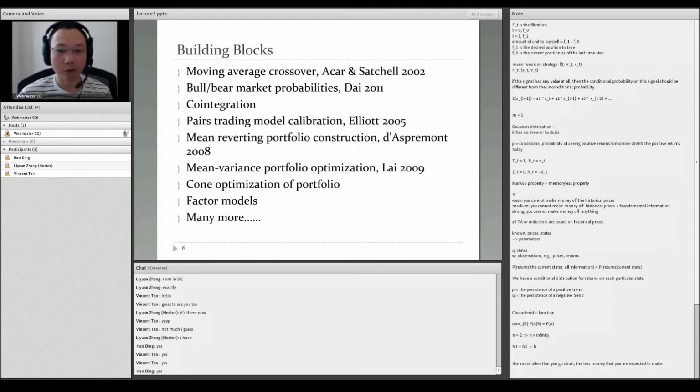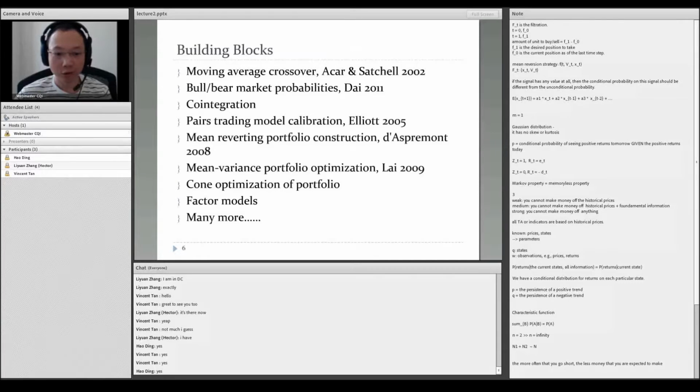For example, they have bull bear market indicators based on conditional probabilities computed using some very complicated differential equations. Cointegration is a way for you to construct baskets. And then there are also some portfolio optimizers that you can use. So you can just combine these building blocks together to build new strategies without programming everything from scratch.